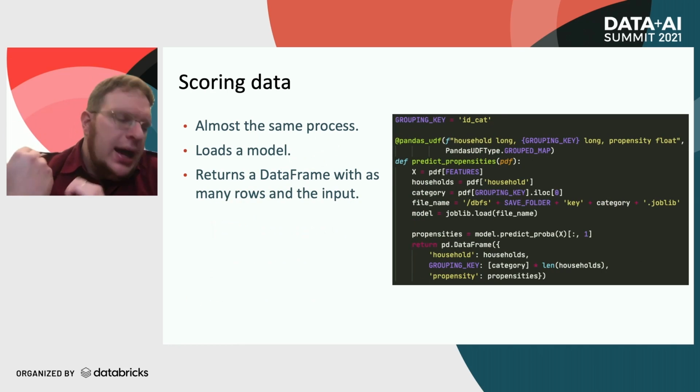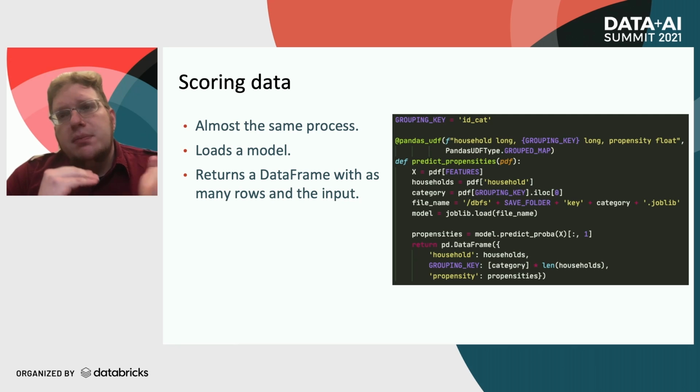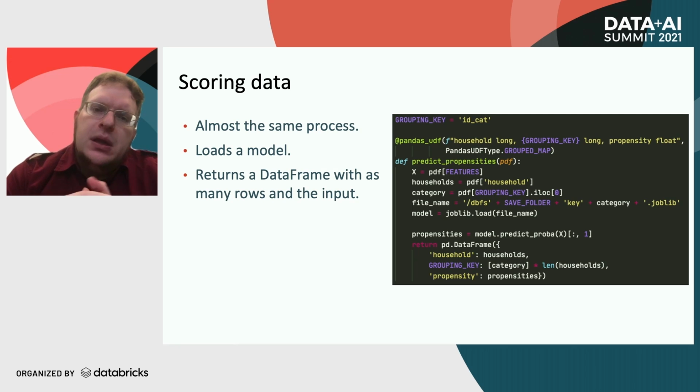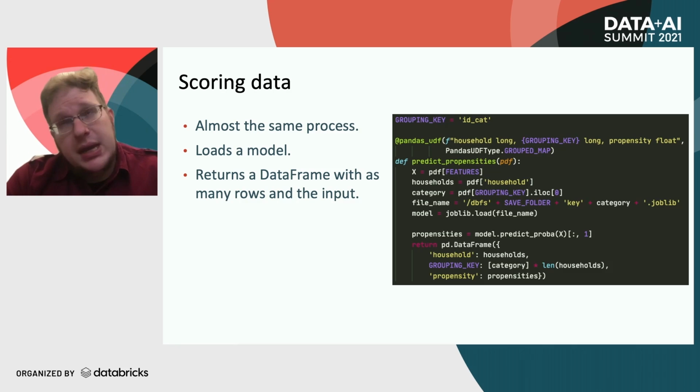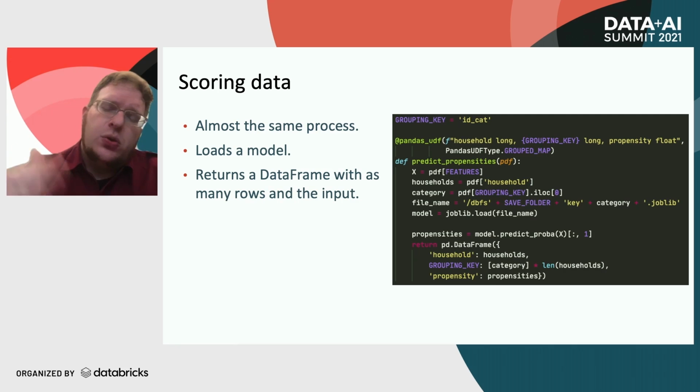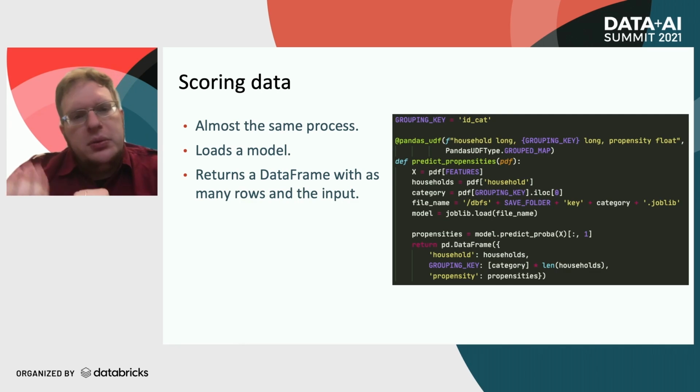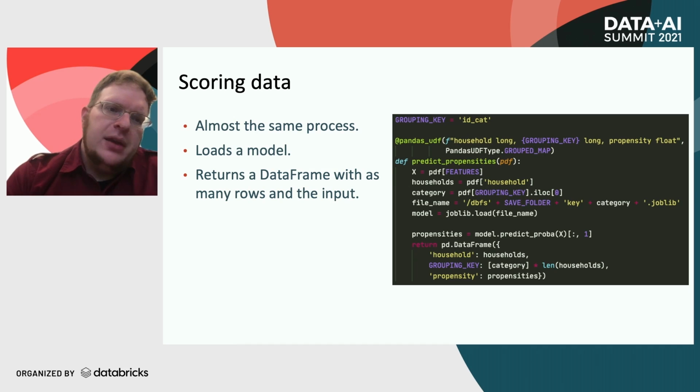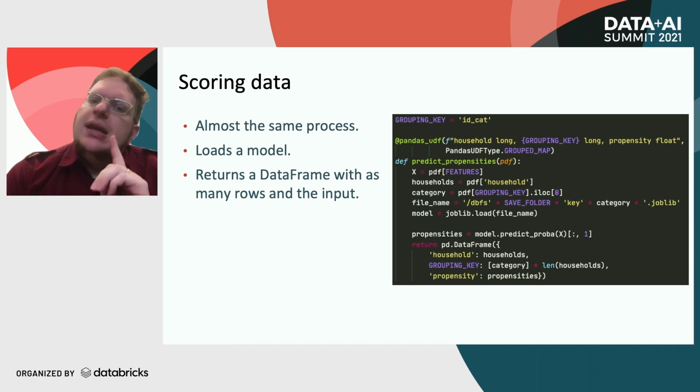So I gave an example of fitting data. Let's look at using our models to score data. The process is very similar. I'll take my script for scoring data, I will put it into a function, I will add the PandasUDF decorator. The only two real changes that I've made from fitting to scoring is instead of saving a model, I am loading a model.